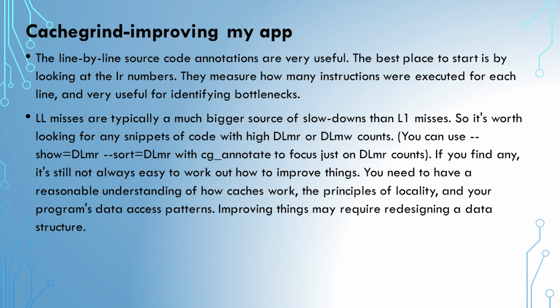Last-level cache misses are typically a much bigger source of slowdowns than L1 misses, so it's usually worth looking at those. Any data misses, read or write, also count. If you find any, it's still not always easy to work out how to improve it. You really need to understand how the cache works.